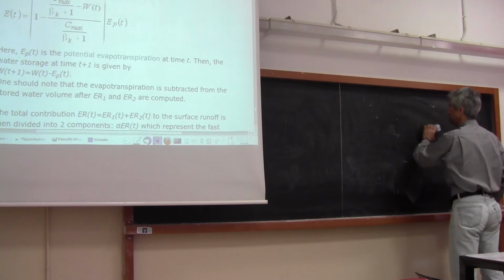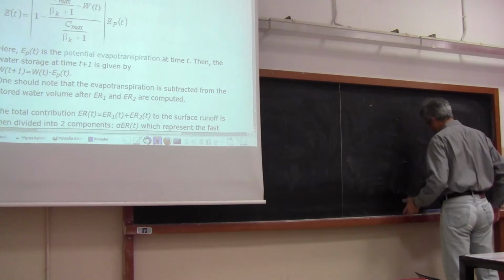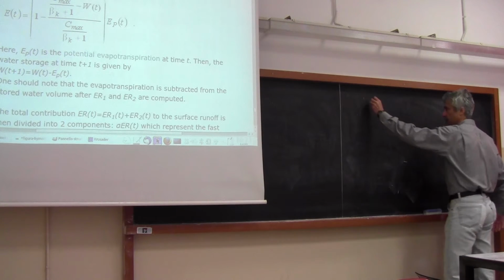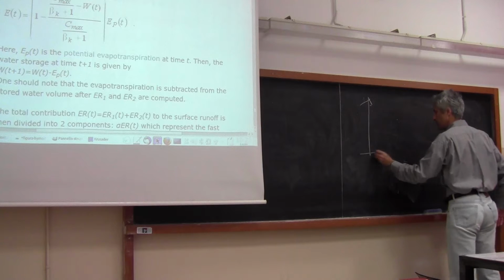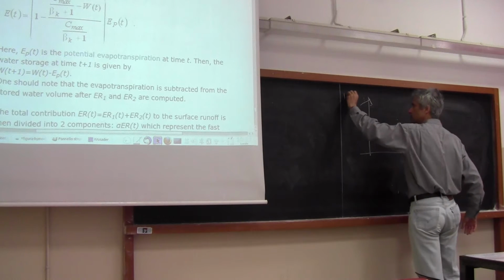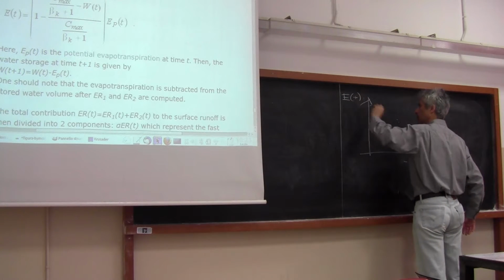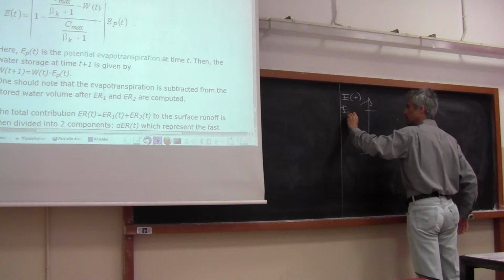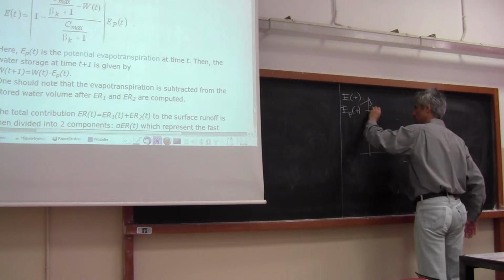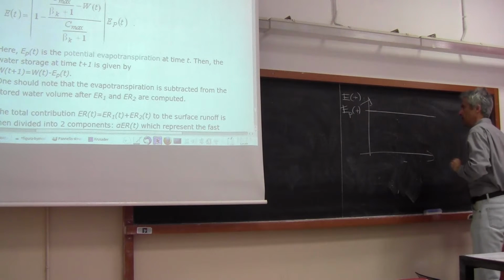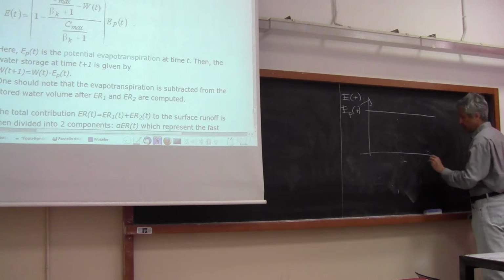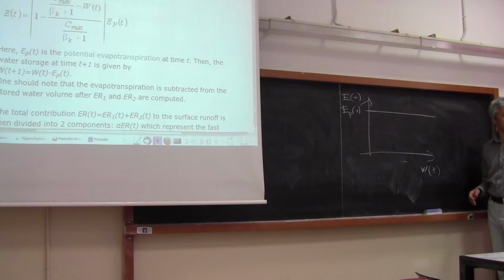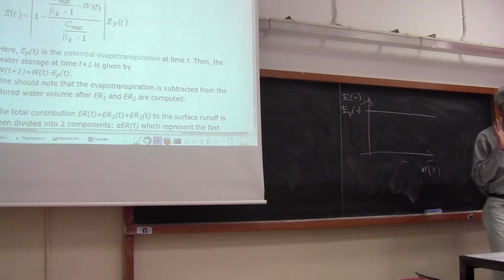So let me try to make a graphical summary. This is my ET, and this is EPT, the potential value. And here I have the storage, WT, which is related to C, as you know.